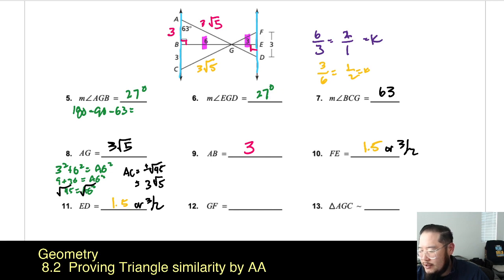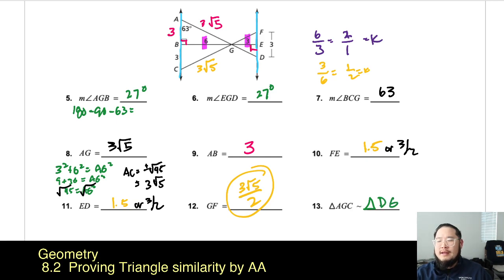So we can put 3 rad 5 divided by 2, or you could multiply it by 1/2, and you'll still get the same result for G to F. Let's see what two triangles they want us to say are similar: triangle AGC, the very big triangle, is similar to triangle DGF, and that is our triangle similarity.